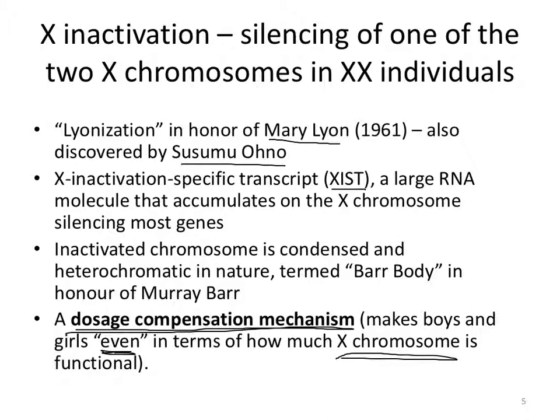It's a transcript of RNA that accumulates on the X chromosome and effectively shuts off most of the genes on the X chromosome. The X chromosome that has been shut off or lyonized can now be observed in cells in a very condensed form called heterochromatin, and it's called a Barr body. The term Barr body is also named after a scientist that studied this process, and his name was Murray Barr.